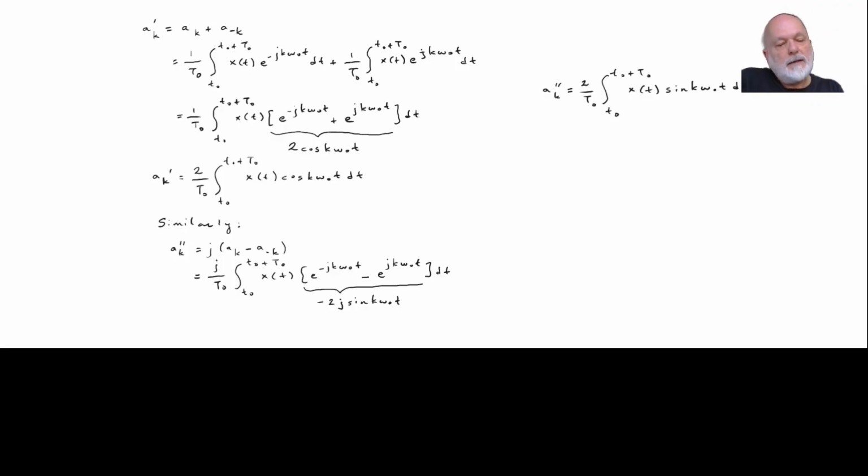Okay. So ak prime and ak double prime are calculated by means of these integrals, or if ak's are given, we can calculate them directly by using the expressions we have derived.